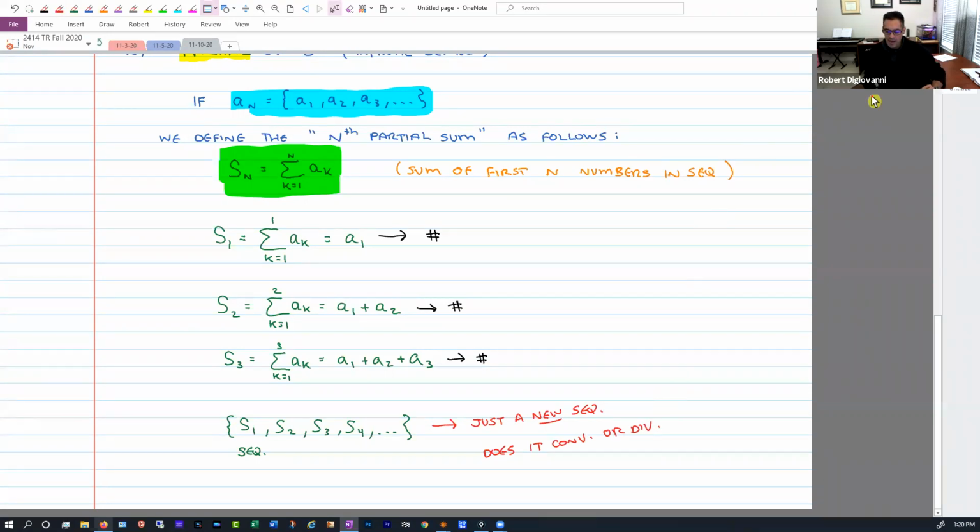So that means we need to ask ourselves this: what is the limit as n goes to infinity of S sub n? That is the $1 million question.